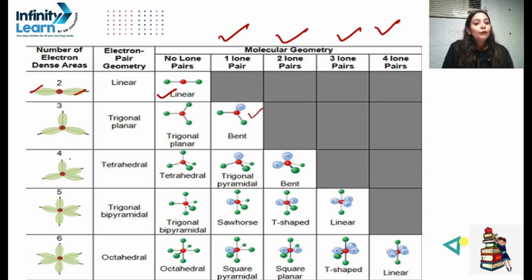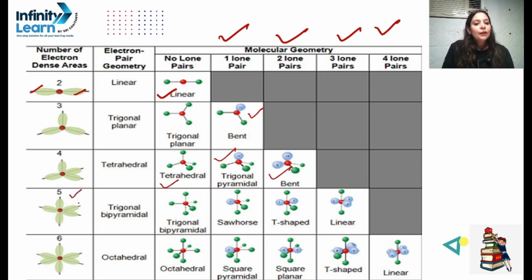Now, if there are four combining atoms around a central atom with no lone pair, they will arrange themselves in this way. It is called tetrahedral geometry. But if it has one lone pair, it gets distorted, and the special name for distorted tetrahedral with one lone pair is trigonal pyramidal, and with two lone pairs it is called bent. So they have special names when they get distorted, and you have to learn all these names.